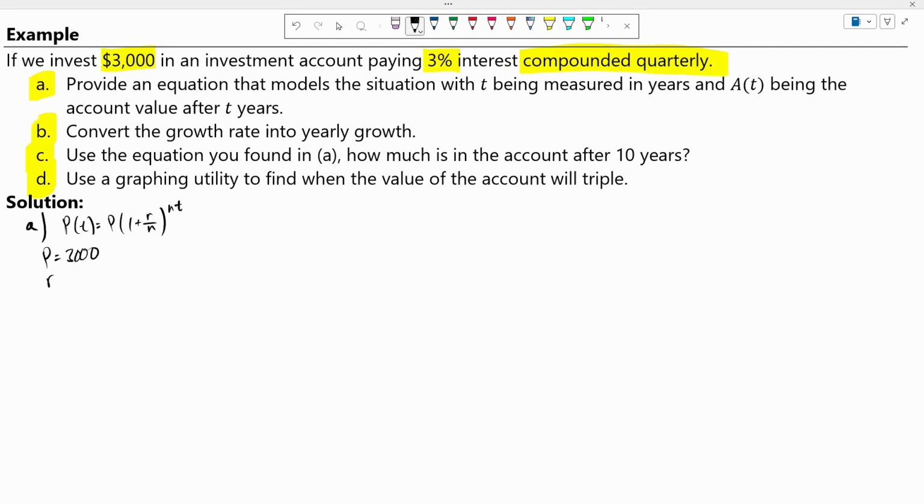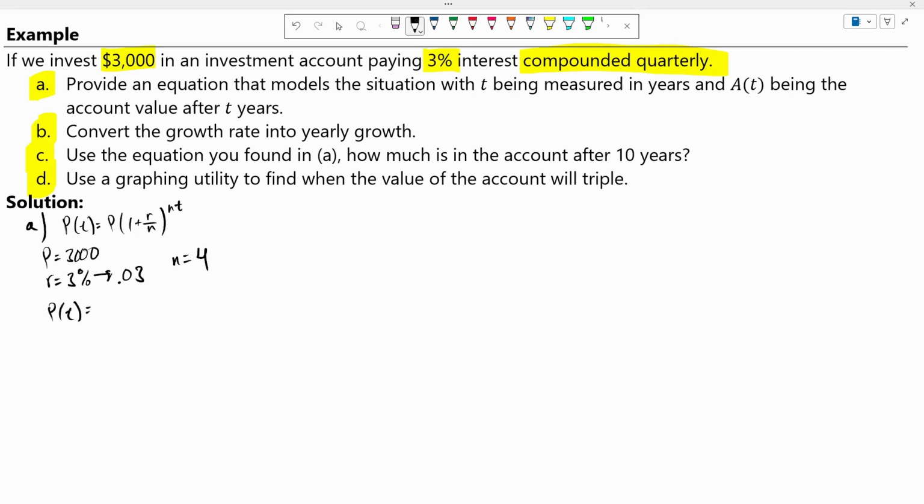R is 3%. We need to change this to decimal. All my percents I got to change to decimal, so this is going to be 0.03. And then my N is quarterly, so that means I need to do 4 of these in 1 year. So N is going to be 4.